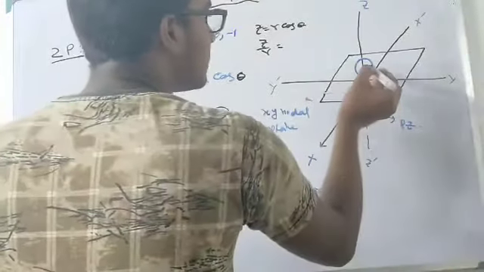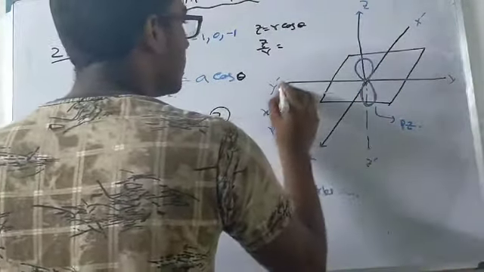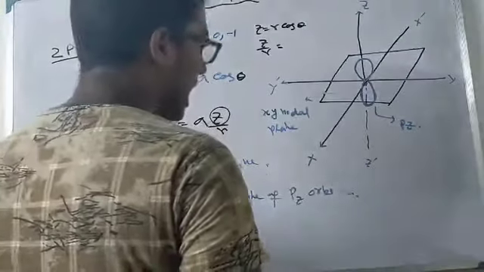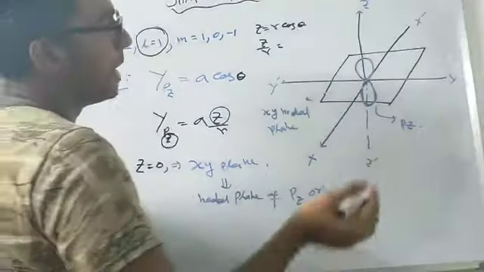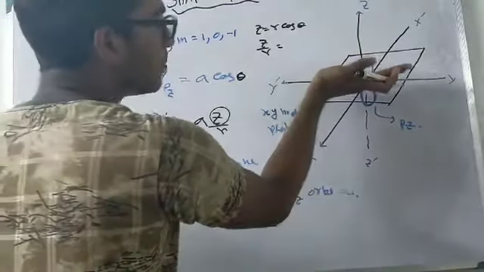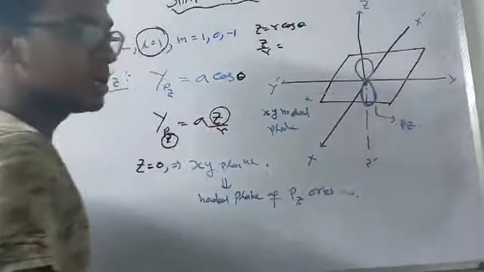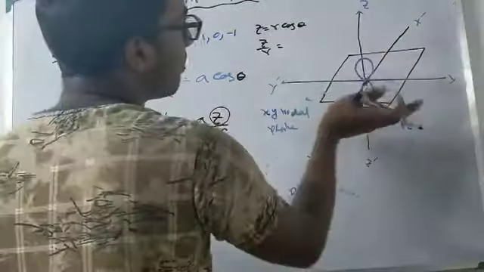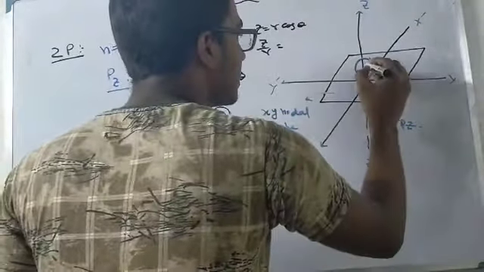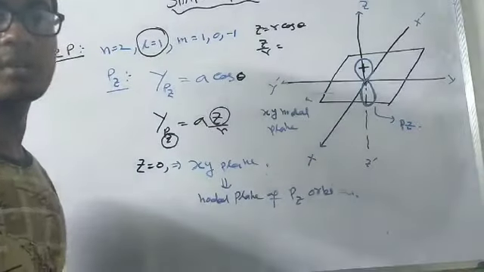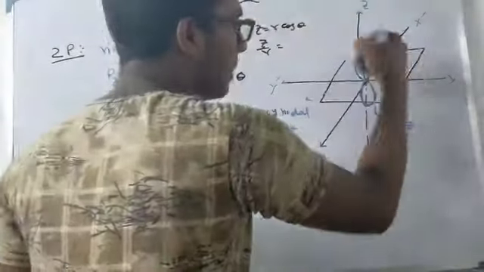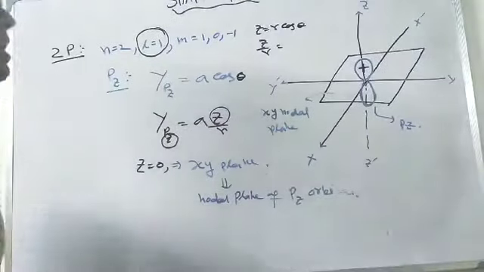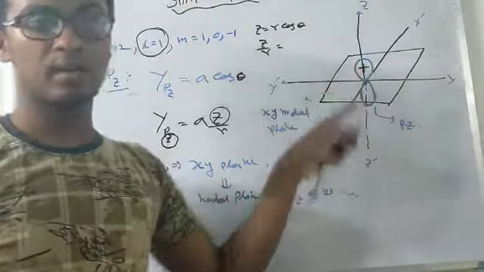Now look at this phase. The upper part of the pz orbital is present along the positive z axis, so that's why this upper lobe is denoted by a plus sign.